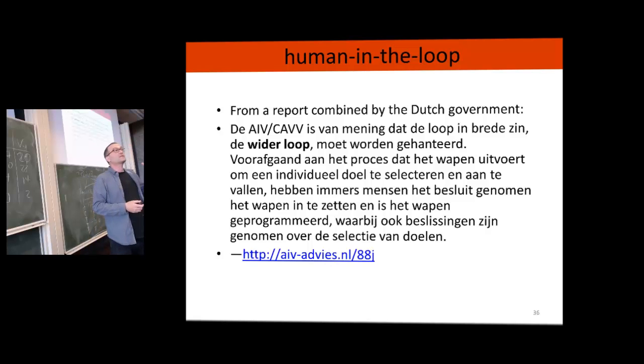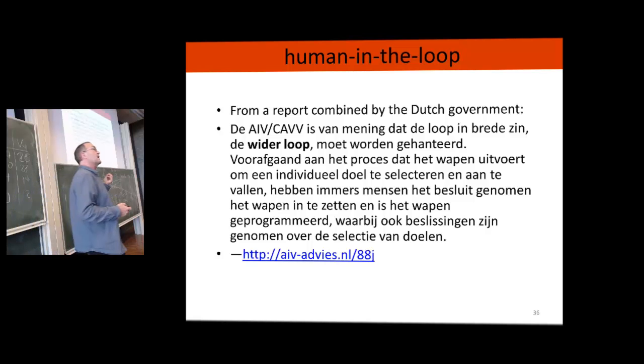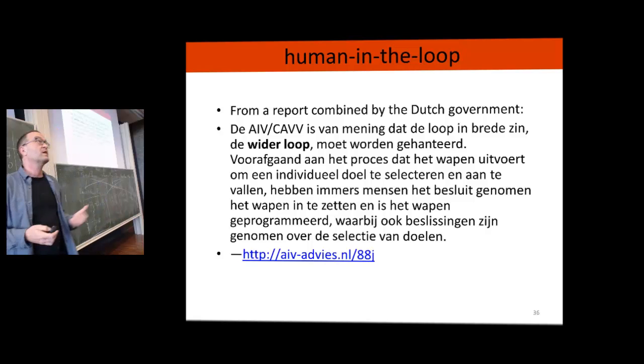And the law at the moment says we need humans in the loop. But what does it mean, humans in the loop? At the moment, humans in the loop means that the algorithms have been written by people. It doesn't mean that whenever someone is killed, a human has to be asked before. No, the algorithms are the humans in the loop, which obviously is a very difficult problem, not realistic and very problematic.